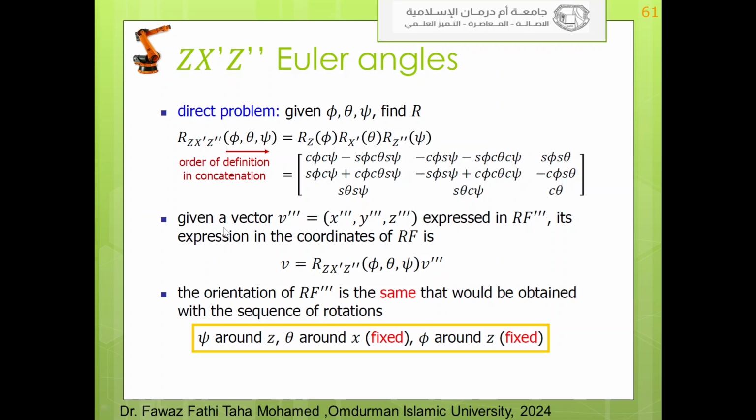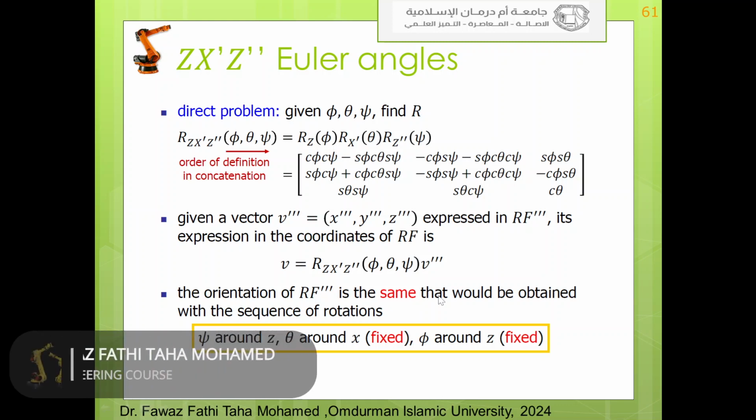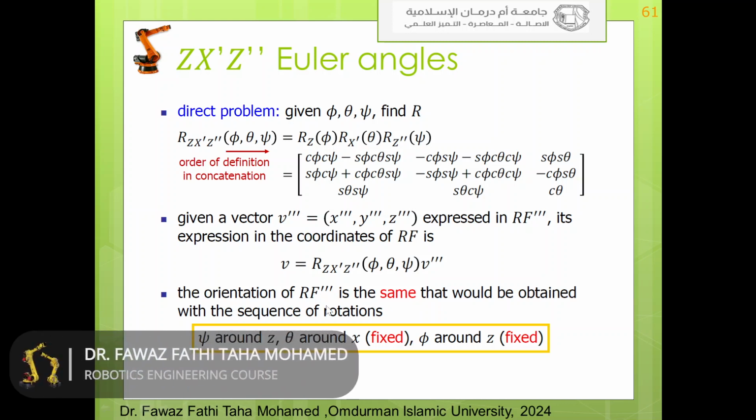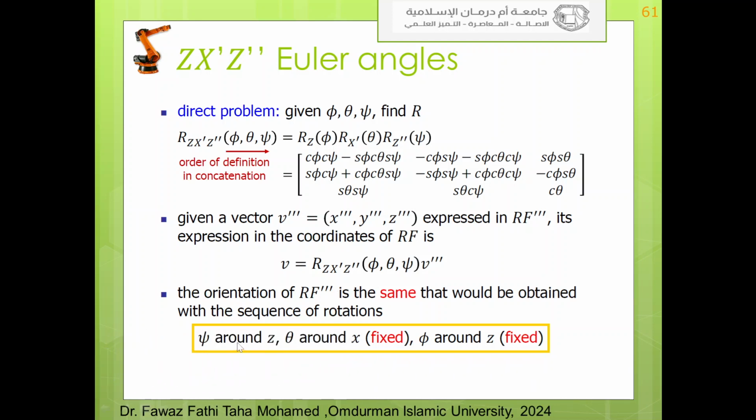For example, given vector v triple dash expressed in this frame, its expression in coordinates of rf is obtained by multiplying the compound rotation matrix with v triple dash to obtain v. The orientation of rf is the same as that obtained with the sequence of rotations for the fixed case.